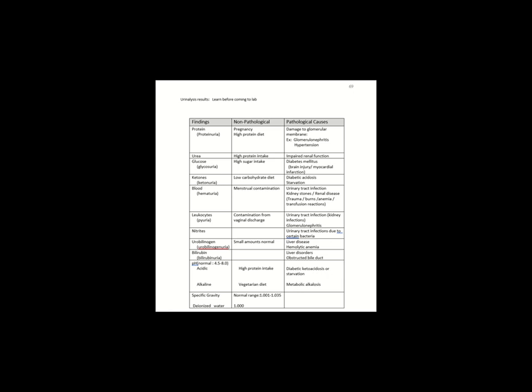If you were to urinate pure water with nothing in it except for hydrogen and oxygen, well, we would expect something like 1.000, but that doesn't happen. There's always going to be something dissolved in it. So the normal range for specific gravity for urine is 1.001 to 1.035. The higher the number, the more concentrated it is, the more substances are dissolved in the liquid.